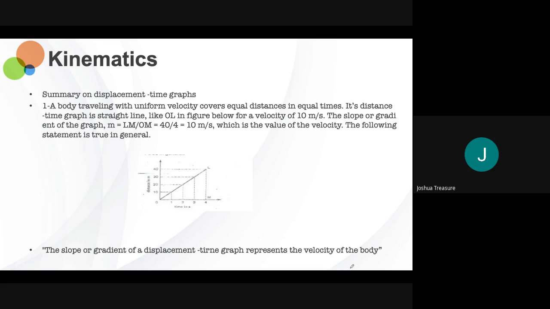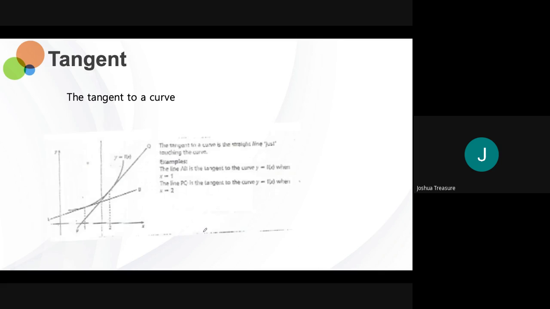The gradient of the graph, LM divided by OM, equals 40 divided by 4, which gives us 10 meters per second, the value of the velocity. So in conclusion, the slope or gradient of a displacement time graph represents the velocity of the body.